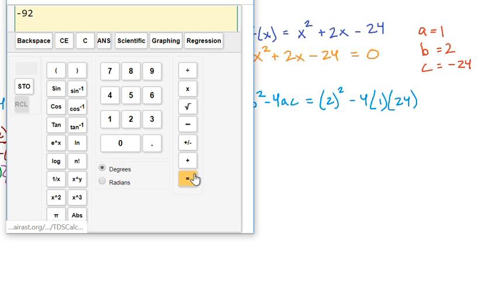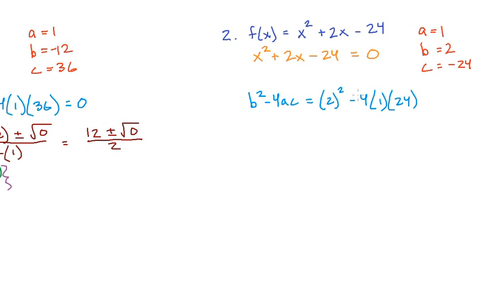We've got negative 92. You know, I think there's an issue here. Let's take a look at our work again. B is 2. 2 squared minus 4 times a. Oh, our c value is negative 24. So, easy mistake there. Let's go ahead and correct that. Let's try that again.